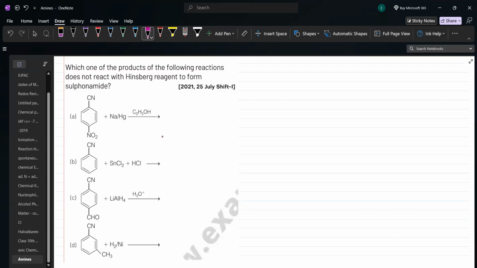What is the understanding you are getting in this question? It should be a tertiary amine. Since it is not reacting, the answer will be the option whose product is a 3 degree amine, right? Yes, sir.